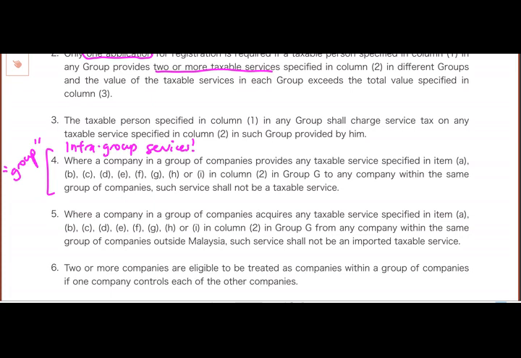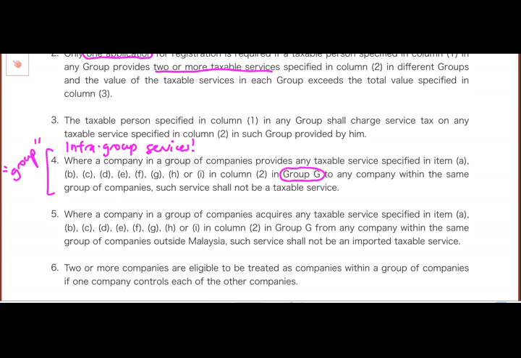For intra-group services, we only exempt you from service tax if you are under group G, okay? Group G is the professional services, the long list that we saw just now: the lawyer, the accountant, the engineer, the surveyor, consultant, management service, employment agent.